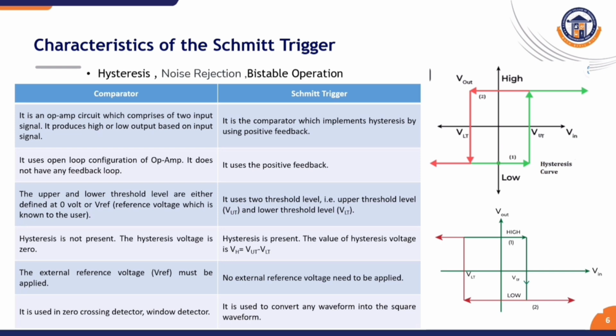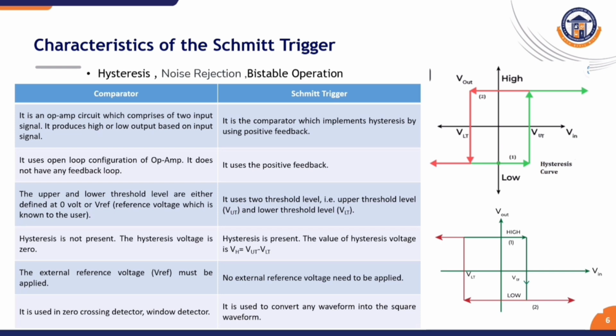A comparator in open loop produces only two outputs: either plus V saturation or minus V saturation. It won't give the output in between. The Schmitt trigger, however, implements hysteresis by using positive feedback. A normal comparator in open loop doesn't have any feedback, but the Schmitt trigger has positive feedback.